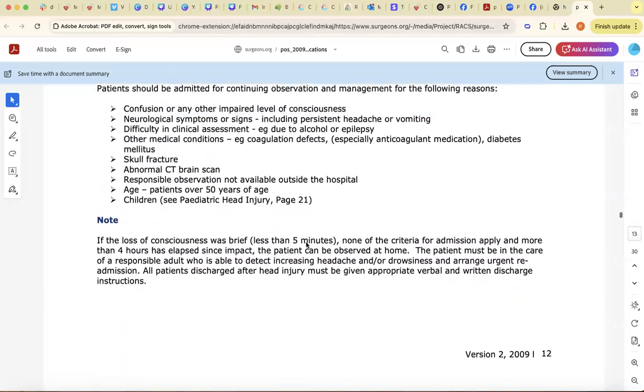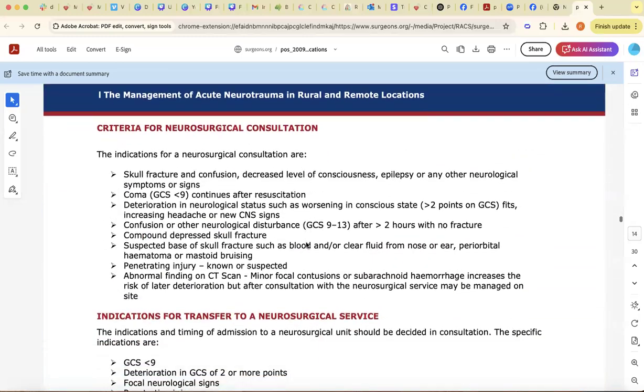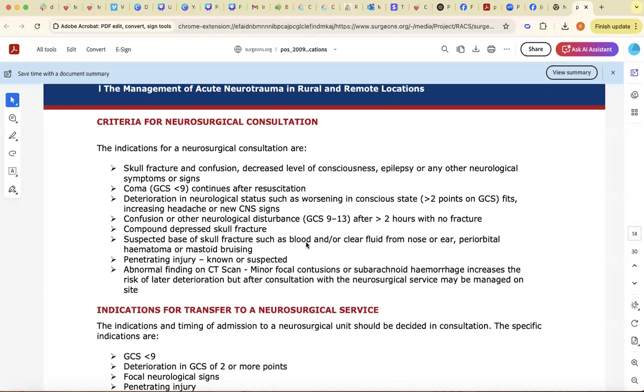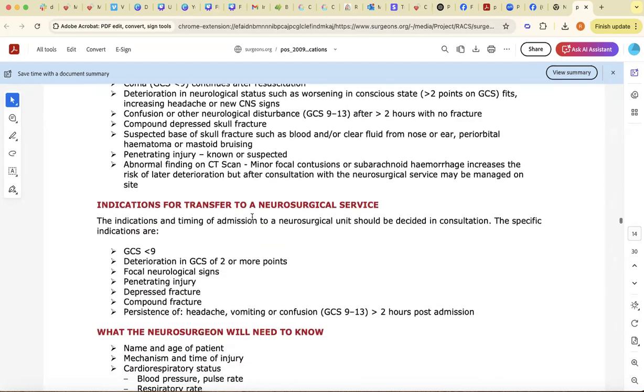Now, definitive care. Any patient who needs a CT scan, that means whose GCS is less than 9 or has rapid deterioration of their GCS, needs a neurosurgical consultation. Because you're not going to manage this patient by yourself. You're a junior doctor, so you need to consult with a neurosurgeon for this kind of patient.